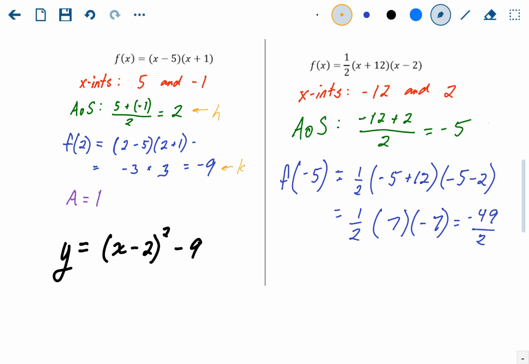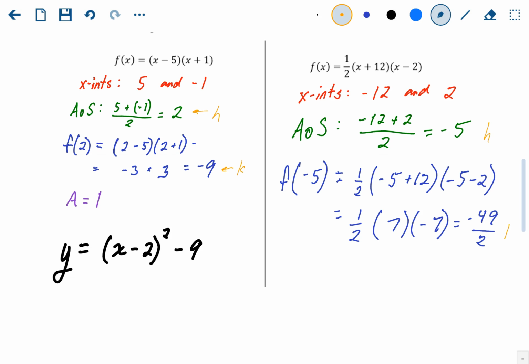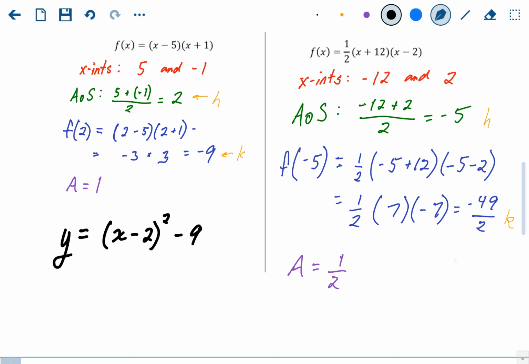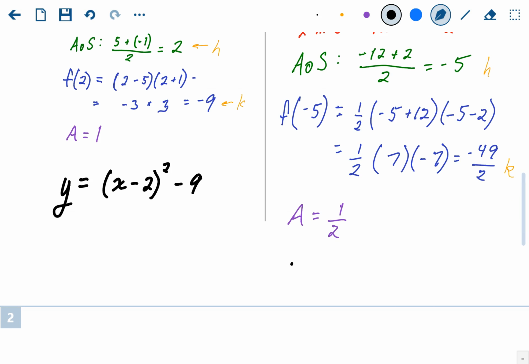Remember the axis of symmetry was h. The y value of the vertex is k. And then last thing we need is to identify a. Well, a is always the number in front. The number in front on this one is 1/2, so a is 1/2. Put it all together.